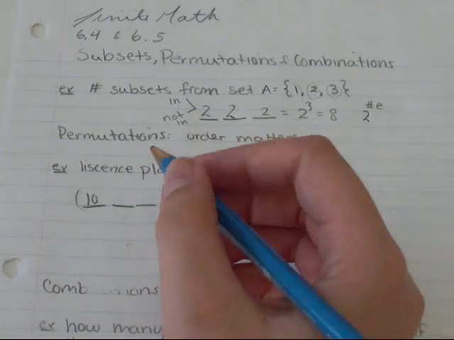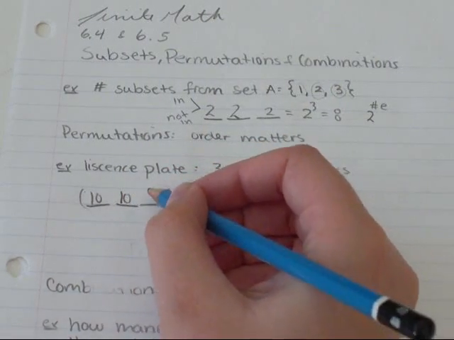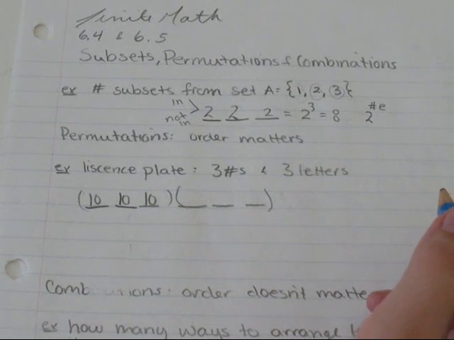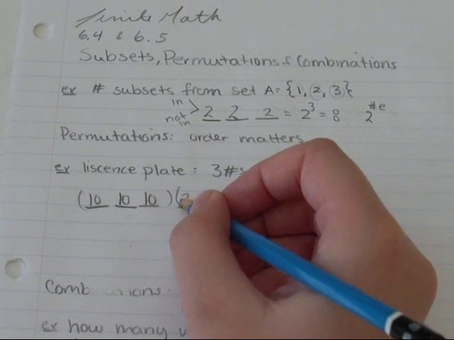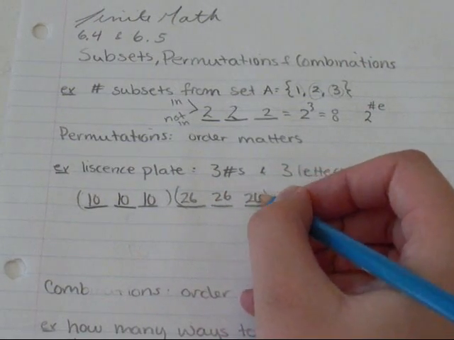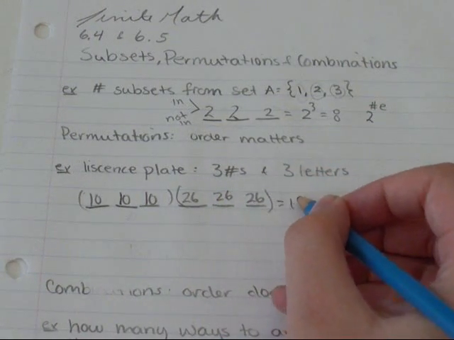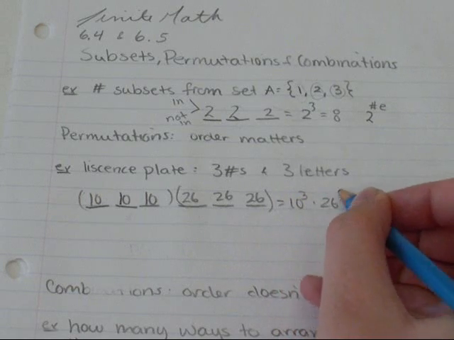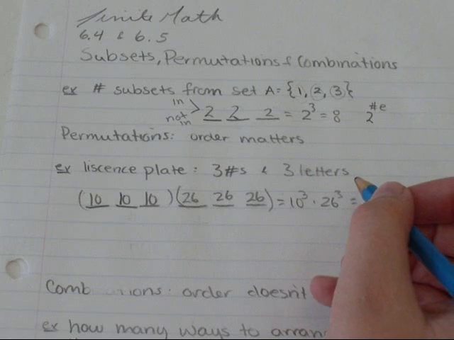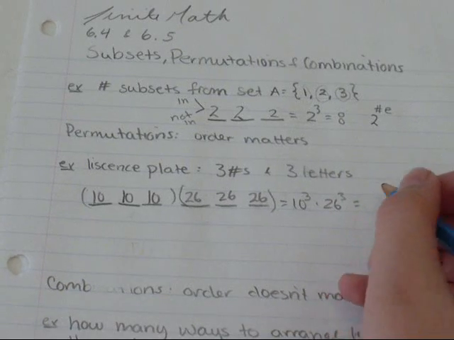Repeats are definitely okay on a license plate. So I've got 10 options here and 10 options here. Then for letters, I've got 26 letters in the alphabet, and repeats are just fine. So that gives me 10 cubed times 26 cubed, which I believe is 17,576,000.